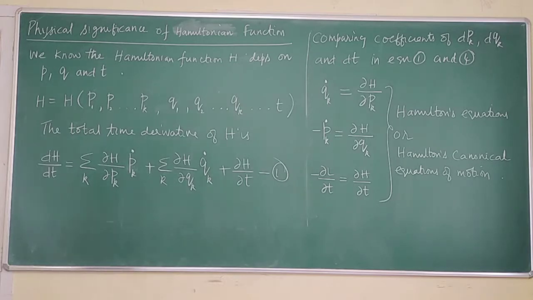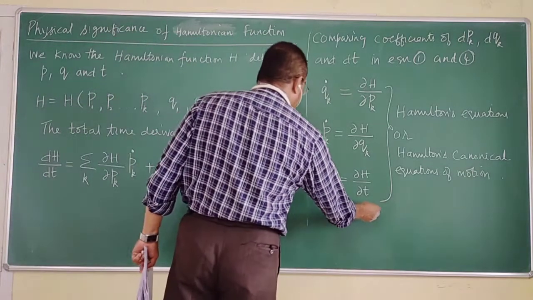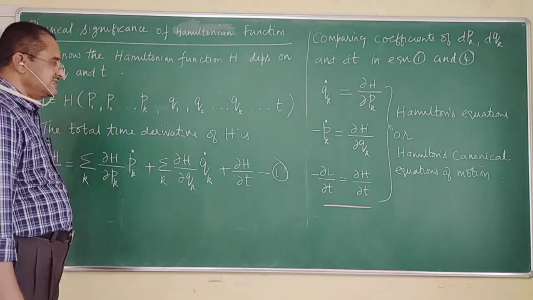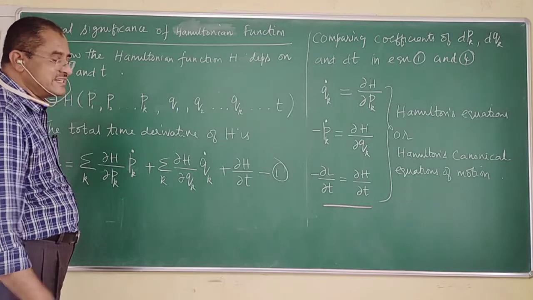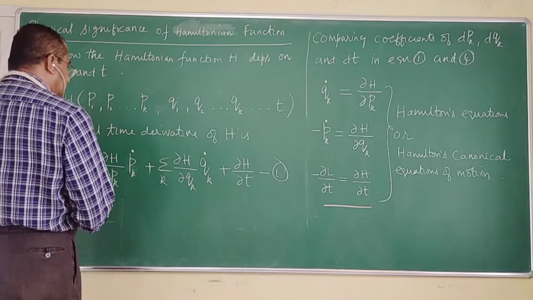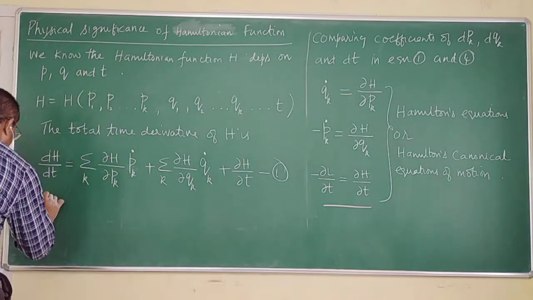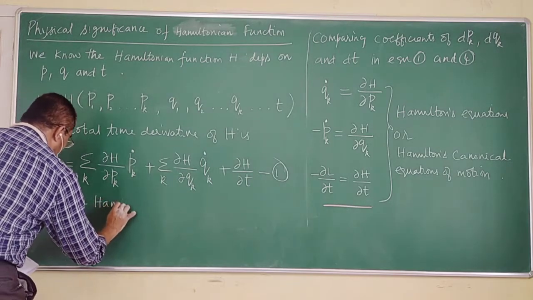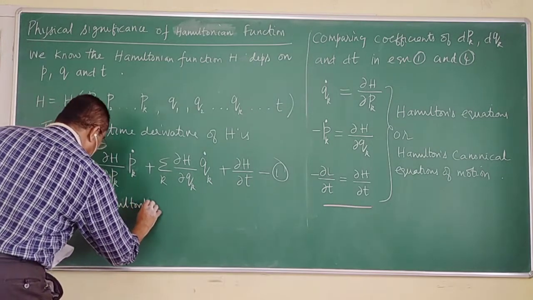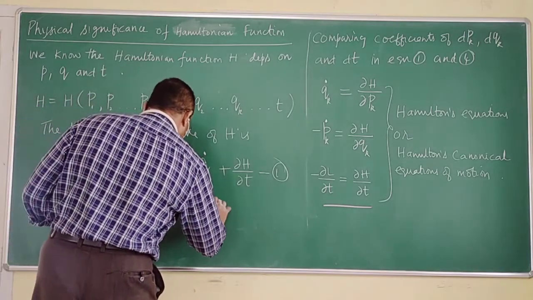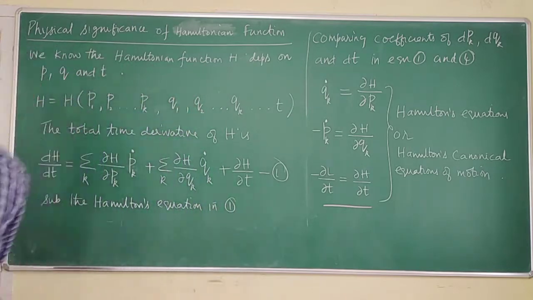What I mean is, from Hamilton's canonical equations I know ∂H/∂t can be written as minus ∂L/∂t. Therefore, substituting Hamilton's equations in 1, is that okay to you?